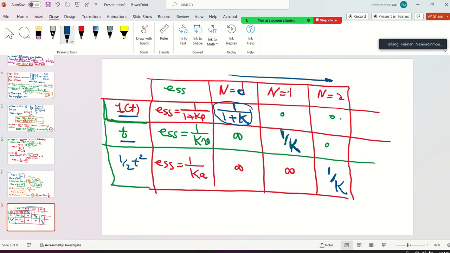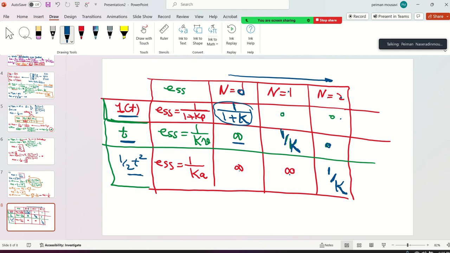For the ramp input, with no integrator it's infinity, with 1 integrator it's 1 over K, and finally 0. For the parabolic input, no integrator, infinity; 1 integrator, infinity; and finally with N equal to 2, it's 1 over K, a bounded, constant error signal.